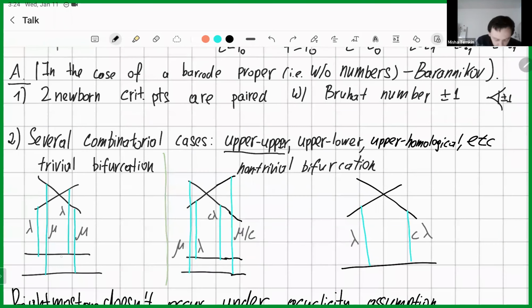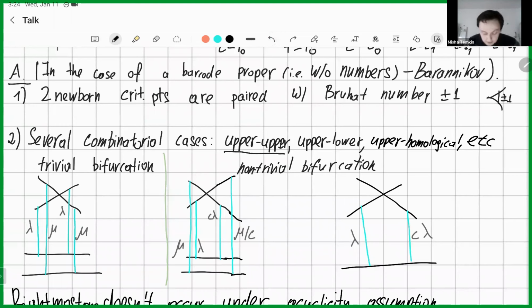So basically, again, nothing interesting is going on. The pairing doesn't change. This point was paired with this one, and after the bifurcation, this point is still paired with its old pair, and the Brown numbers don't change. So it is indeed a trivial bifurcation in any reasonable sense.